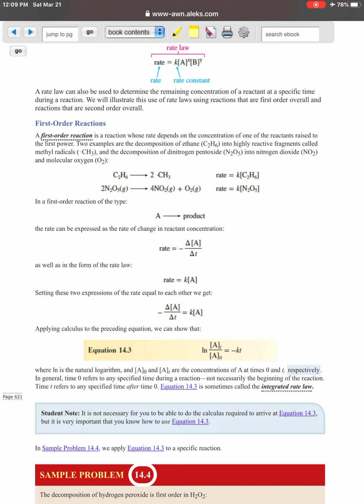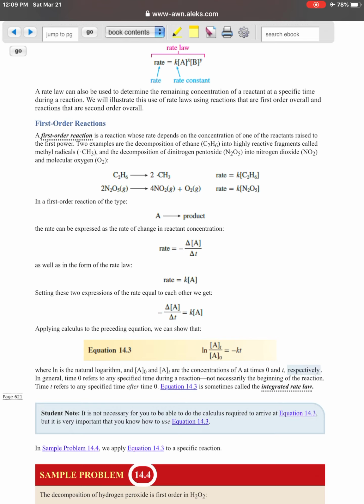That dot, by the way, is very hard to see. That dot just to the left of the carbon atom is a radical. It's an unpaired electron. And the decomposition of dinitrogen pentoxide, N2O5, into nitrogen dioxide, NO2, and molecular oxygen, O2.